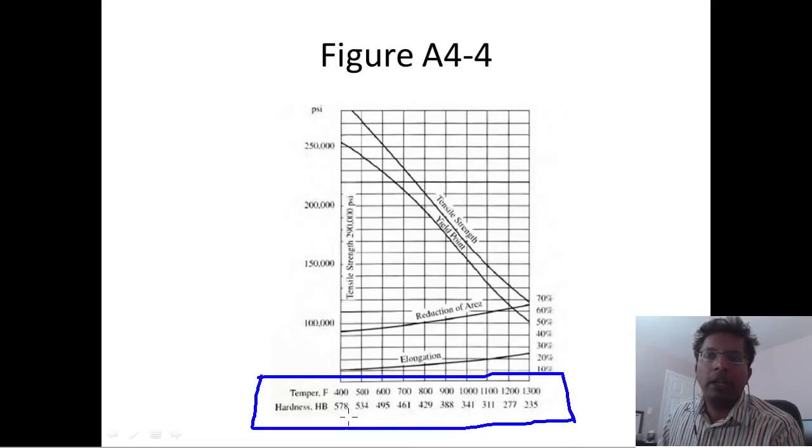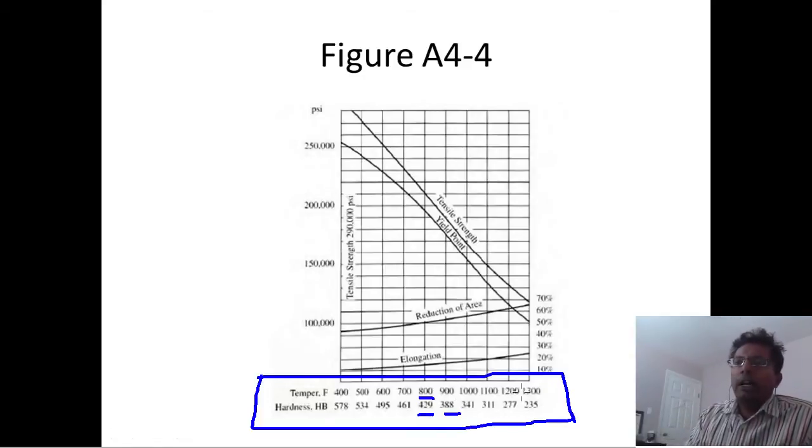Let's say you needed a hardness number of 400, so it is between, say, 429 and 388. You can linearly interpolate, or just to be safe, pick the harder number with the lower temperature of quenching. In this case you can go with 800 or 850. Once you have that, you have defined your material. That's fairly straightforward.